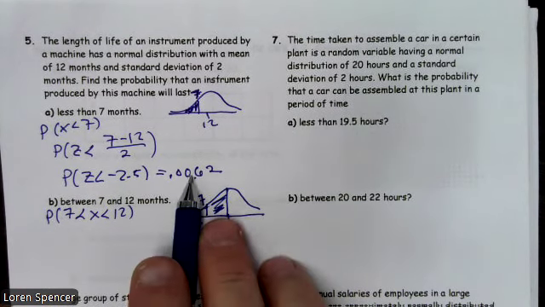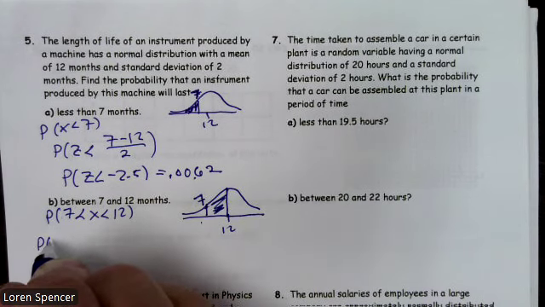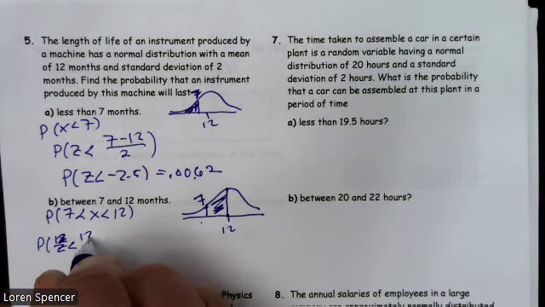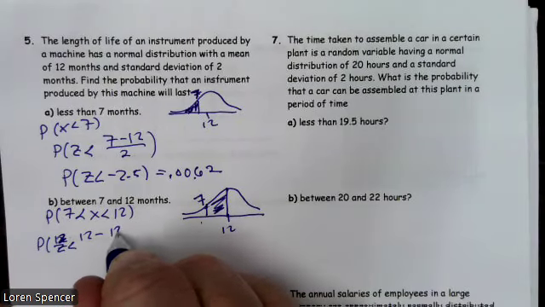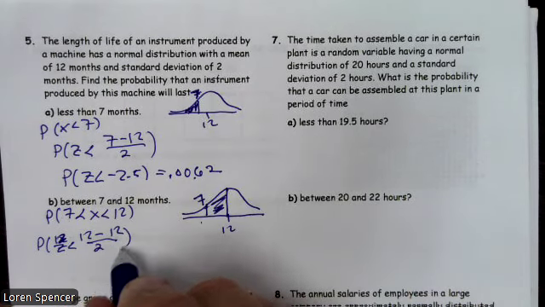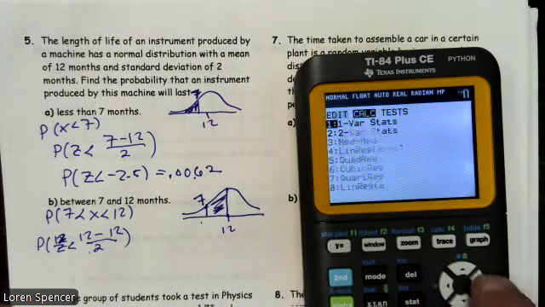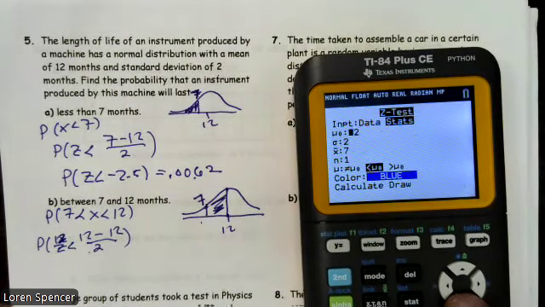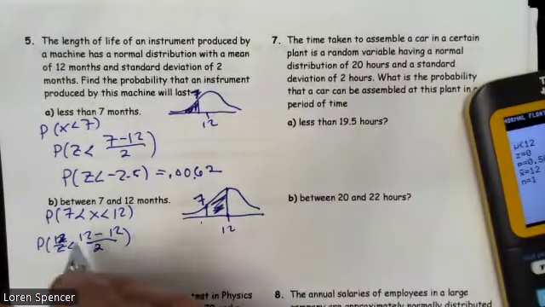I've already done the 7 part, so I'm not going to redo that, but I'm going to do the 12. So the probability that Z is less than 12 minus 12 over the standard deviation of 2. So that's going to give me 0, which is that 0.5 that I told you was going to happen. So stat test, Z test, my X is 12, and I end up getting 0.5.